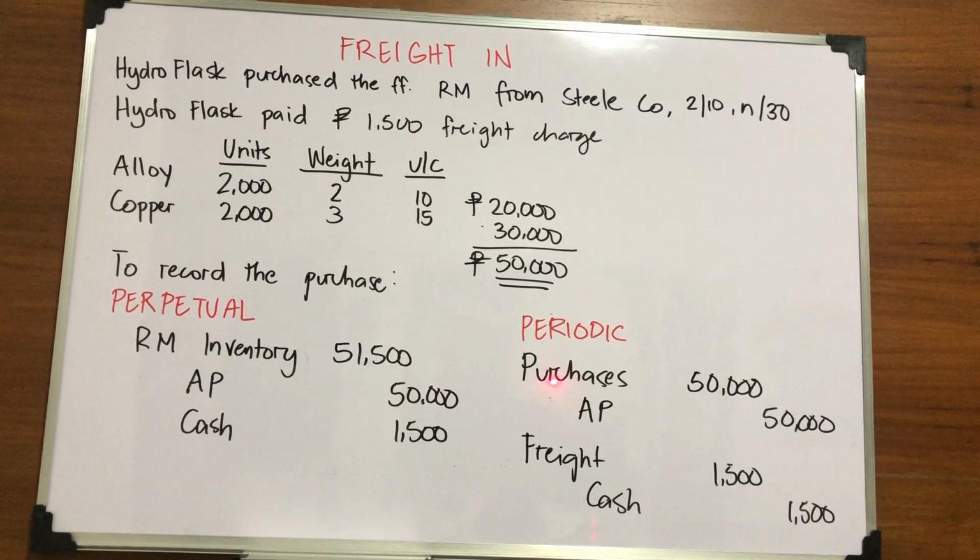So you debit purchases account for 50,000, and you credit also accounts payable 50,000. Again, accounts payable because of the terms as indicated here. So you debit freight for your freight charge. Again, this should be a separate account, and then you credit cash 1,500 because of this statement here, paid. Okay, credit cash.